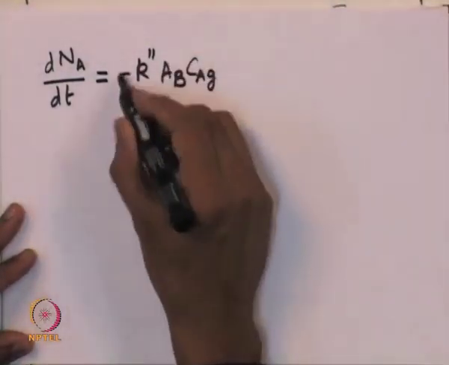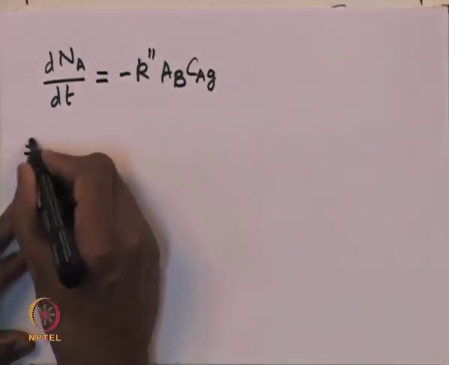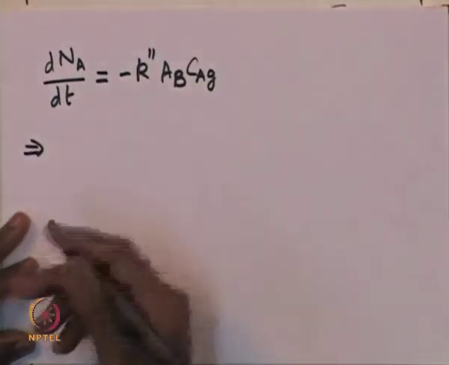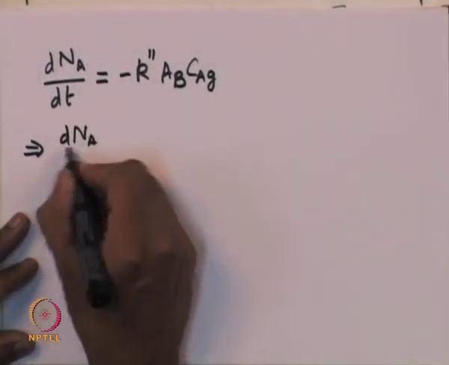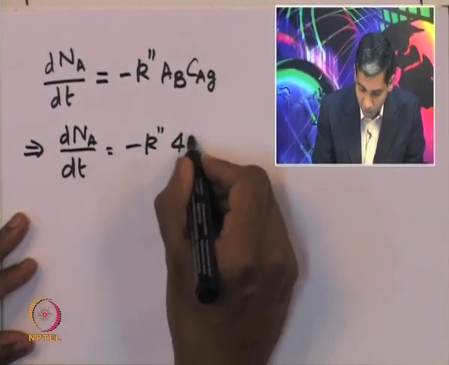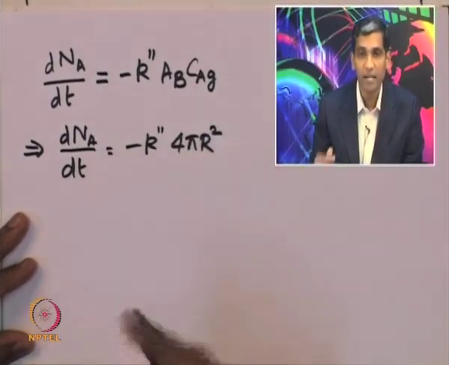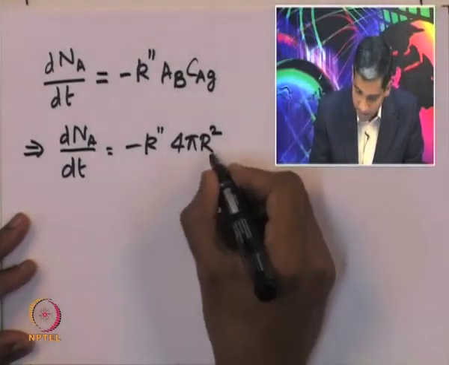That is basically the rate at which the reaction is actually occurring. Now, substituting the instantaneous area of the surface of the unreacted core, dN_A by dt is given by minus K prime into 4 pi r square, where r is the radius of the unreacted core at any point in time, multiplied by C_AG.